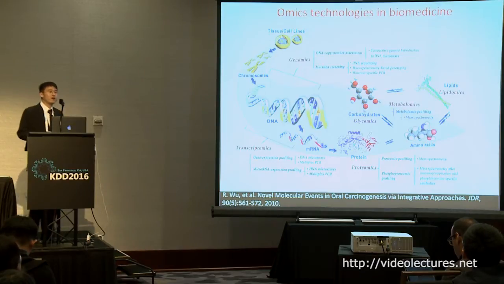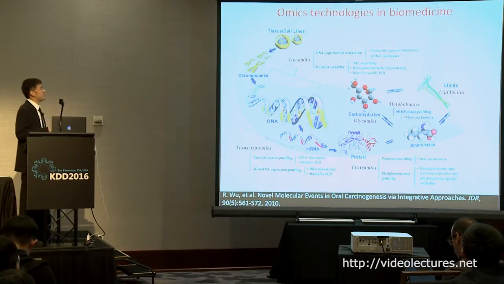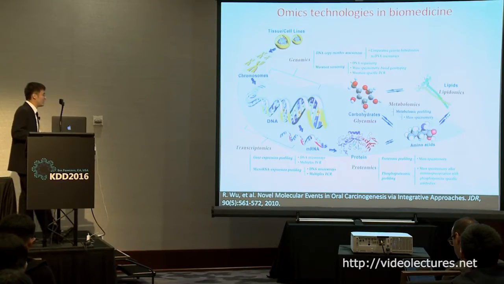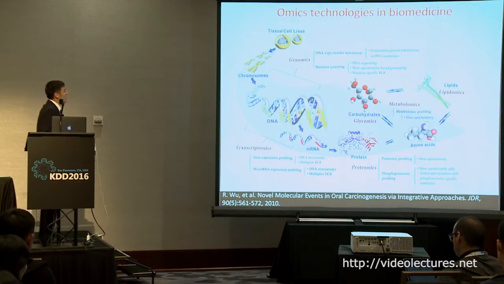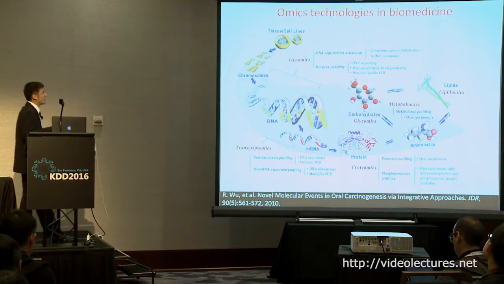Today, we have a lot of measurements in biomedicine. For example, everyone knows that we have DNA, and DNA is transcribed to messenger RNA and then encoded as protein, and this is the whole flow. And along the way, we have a lot of omics technologies.